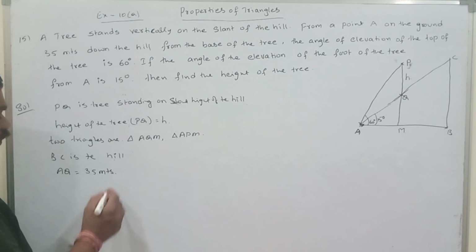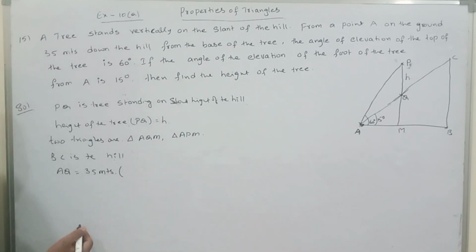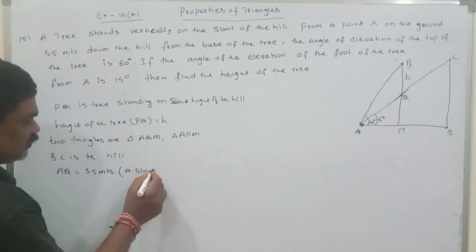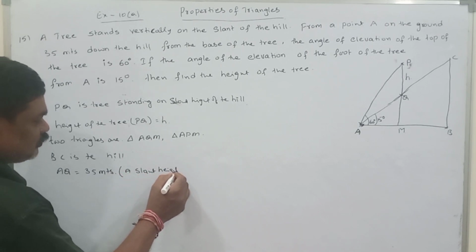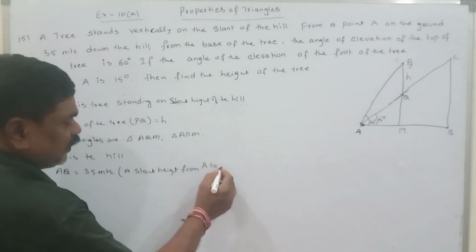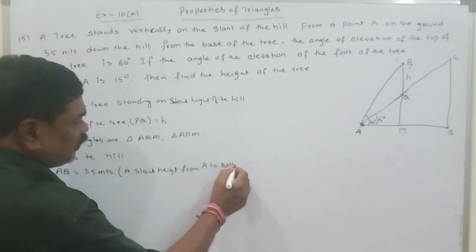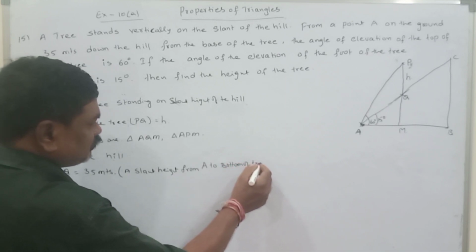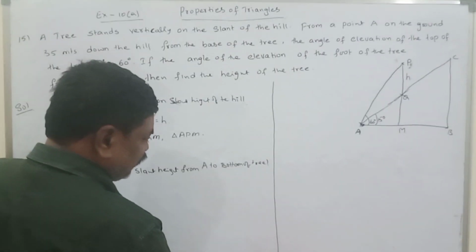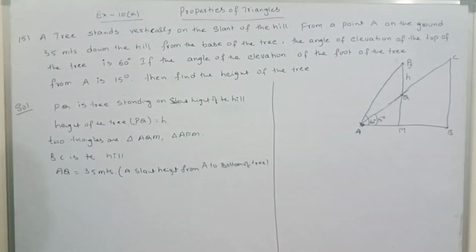But what is AQ? A slant height, from A to the bottom of the tree. This is the slant height from the observer point to the bottom of the tree.